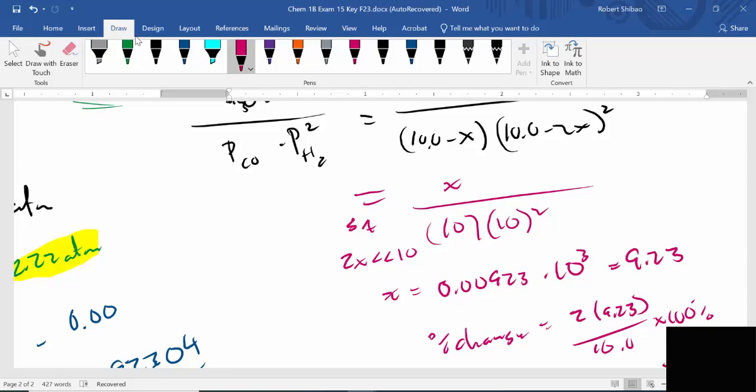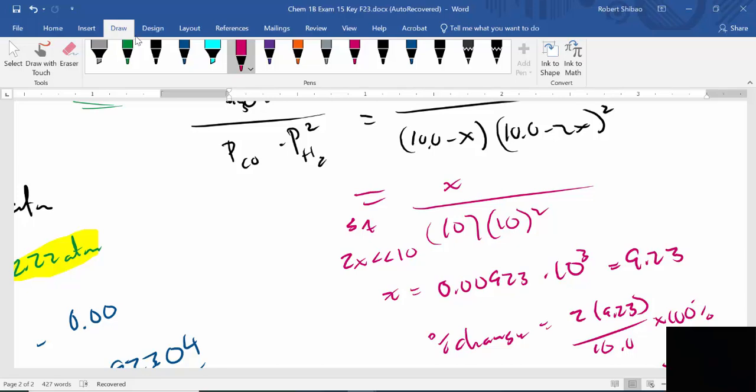And so the simplifying assumption is saying the bigger change is smaller than the initial. And therefore, the smaller change is going to be valid as well, in terms of it's going to be smaller than the initial here. So 10 minus x simplifies to 10, 10 minus 2x simplifies to 10. And then solve this for x.